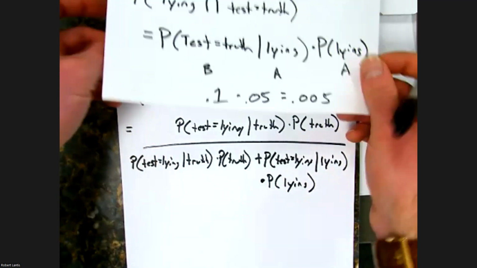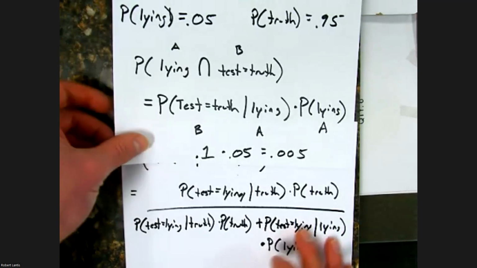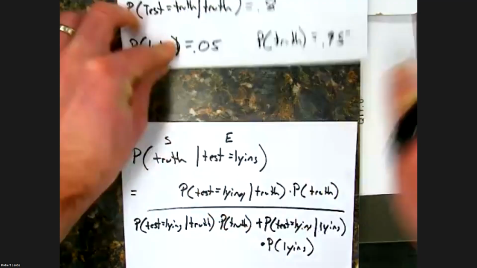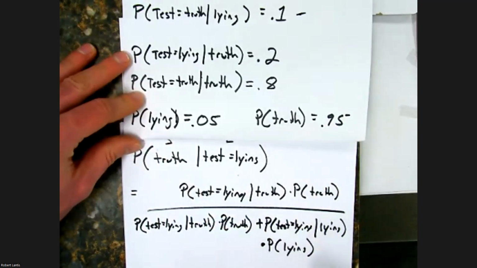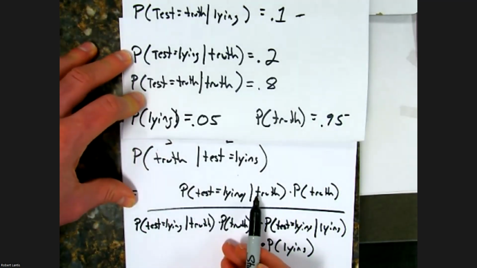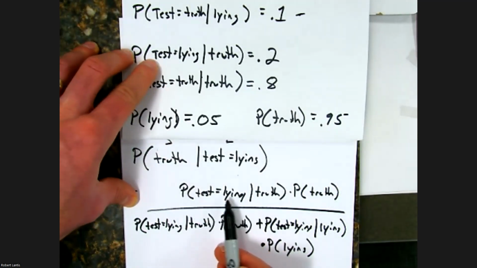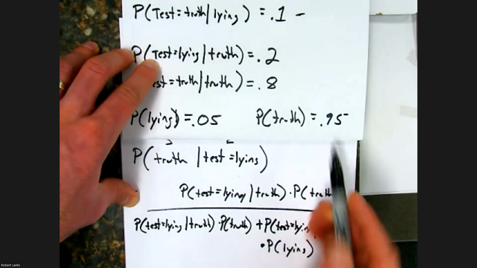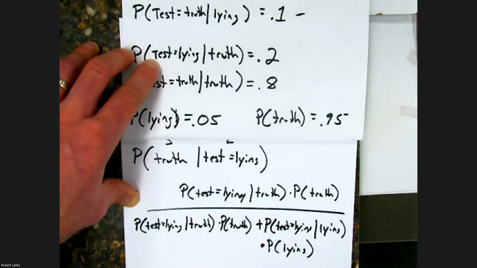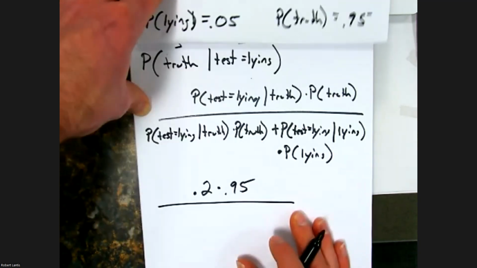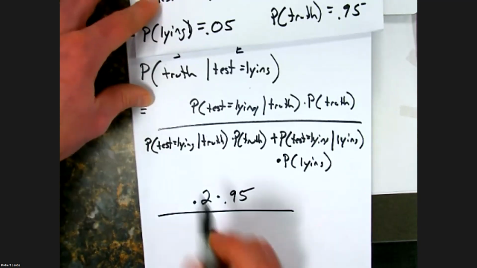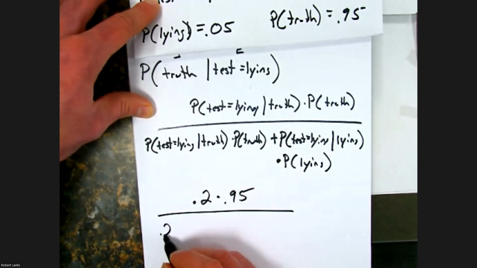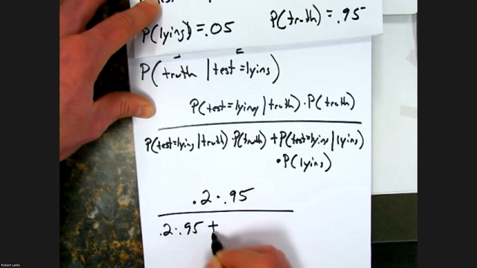So we come down here. Let me see if I can get this on one line. So I've got, given that they're telling the truth, the probability that the test shows they're lying, 0.2. Probability they're telling the truth, 0.95. Then I want the probability that given they're telling the truth, this is the exact same thing, so that's pretty easy. I just plug those in.